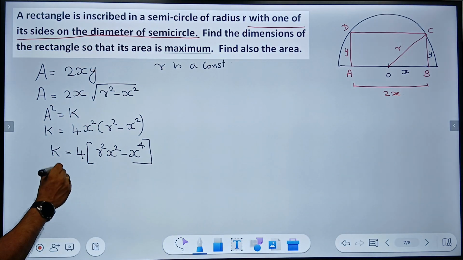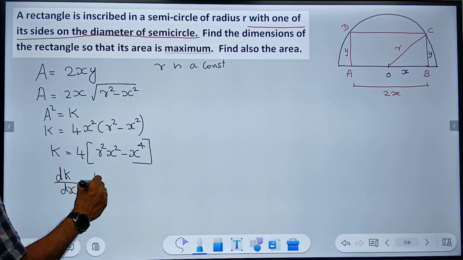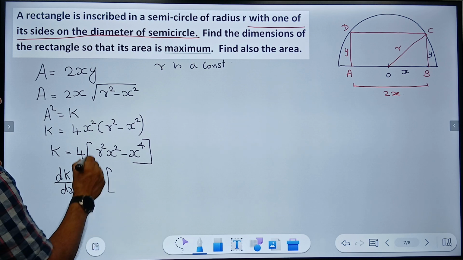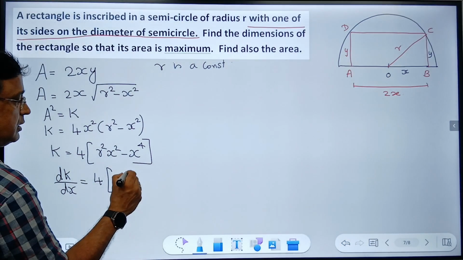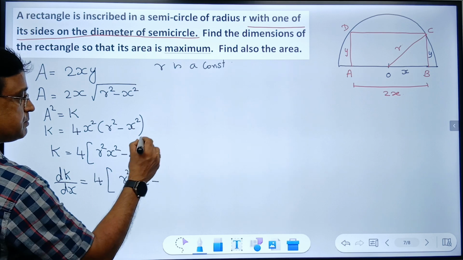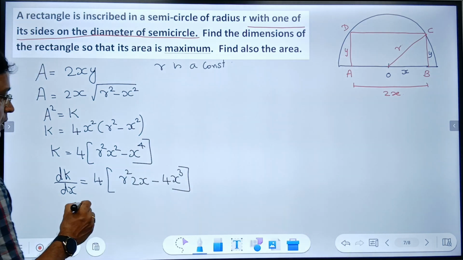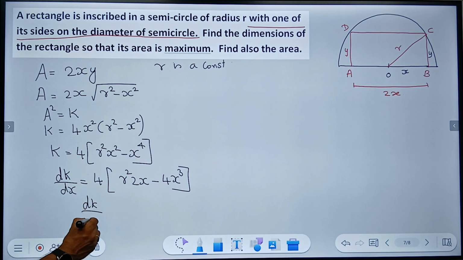Now differentiate. dk by dx, which is 4 into differentiation of r square is constant, x square will be 2x, minus x power 4 will be 4x cube. Now dk by dx is equal to 0.